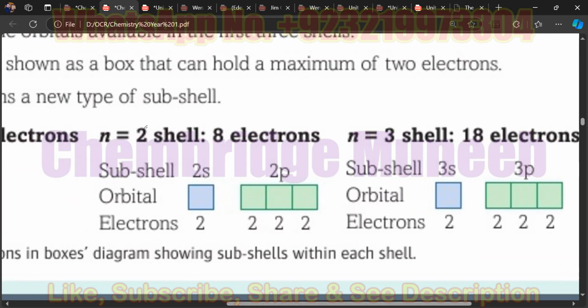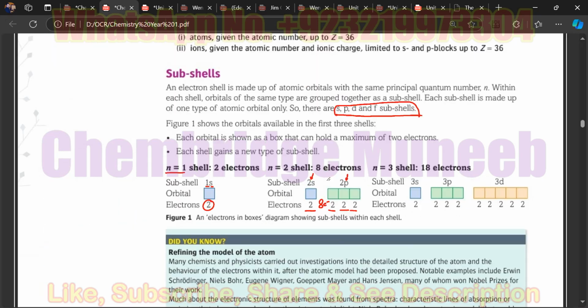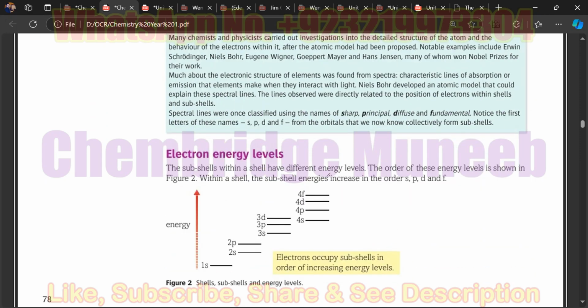If we move towards the second shell, it has both the s subshell and the p subshell, since there can be only 2 subshells in the second shell. s has only one orbital and p has 3 orbitals, and all of them contain 2 electrons each. So in total there will be 8 electrons. And for the third shell, there are 3 subshells, and all of them have these numbers of electrons. Is that clear?